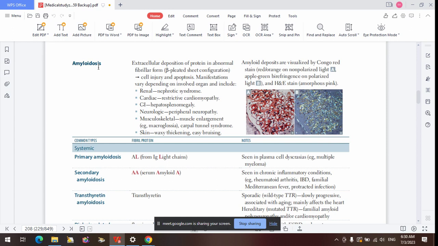So what are the tissues that they typically go to? They can go to the renal system, the kidneys, and cause nephrotic syndrome. When they get to the kidneys, they typically cause damage to the podocytes and the glomerular basement membrane, which are the filters for protein.